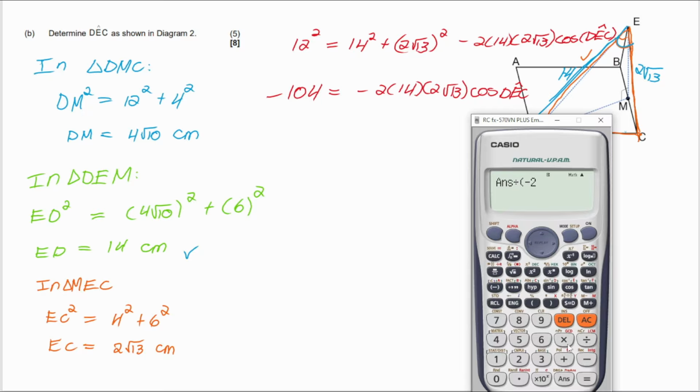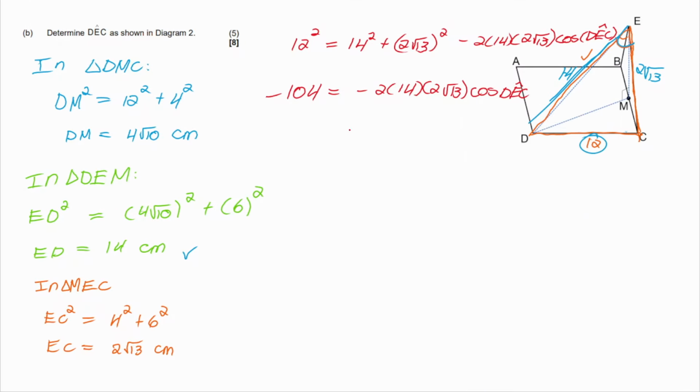We get cos DEC is equal to this, so we can just shift cos of this, and this will be our angle. So DEC is 59 degrees.